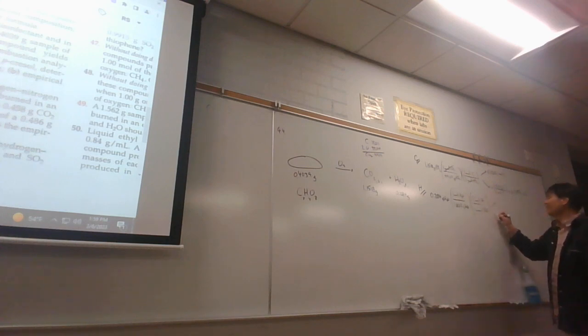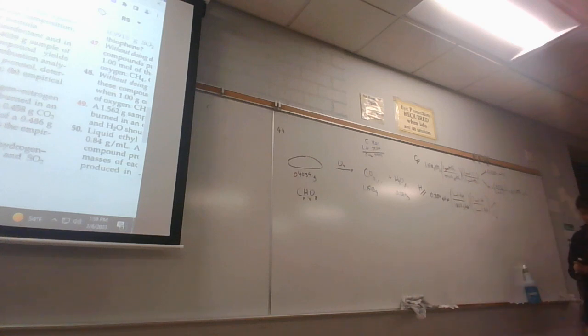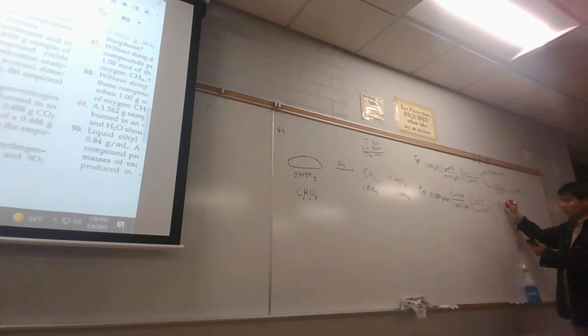Again, I have to do this branch. Normally I stop here to get the formula. So it's 0.2694 divided by 18.02 times 2, and I get 0.029900 moles of hydrogen.